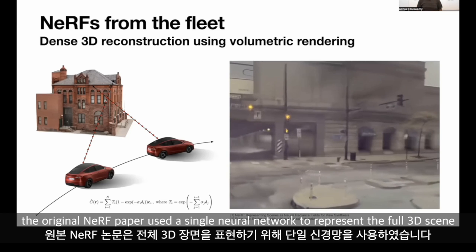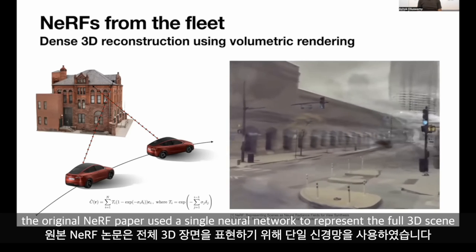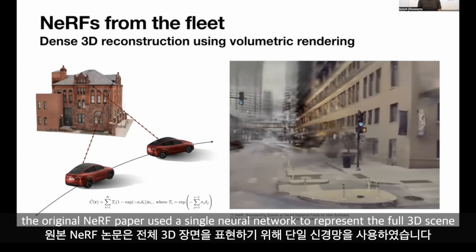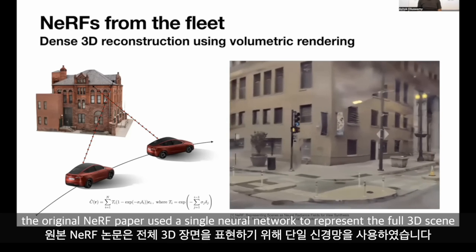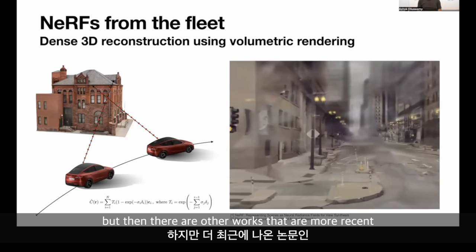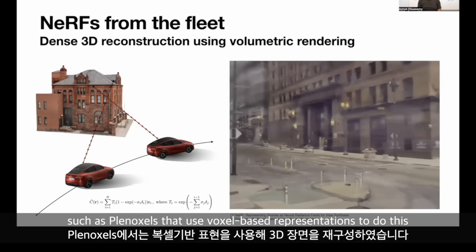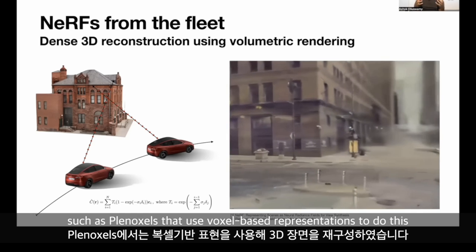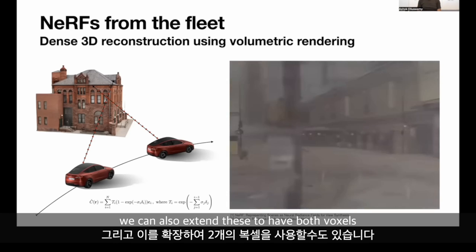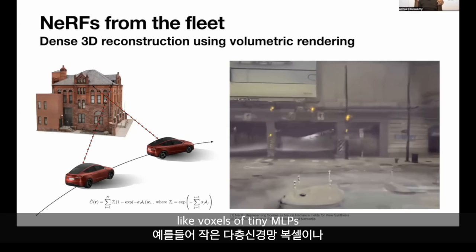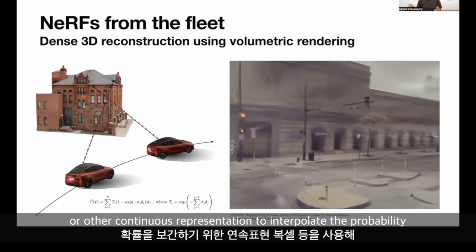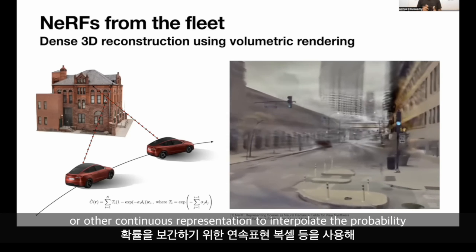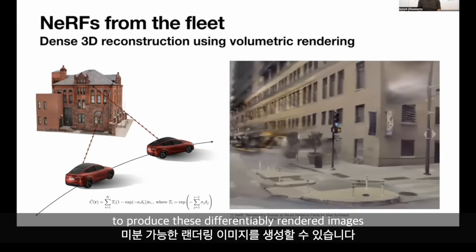The original NeRF paper used a single neural network to represent the full 3D scene. But then there are other works that are more recent, such as Plenoxels, that use voxel-based representations to do this. We can also extend these to have both voxels, like voxels of tiny MLPs, or other continuous representations to interpolate the probability to produce these differentiably rendered images.